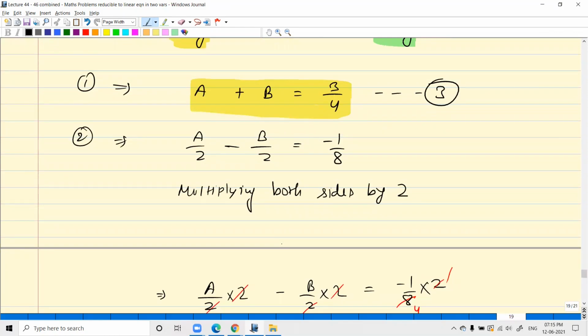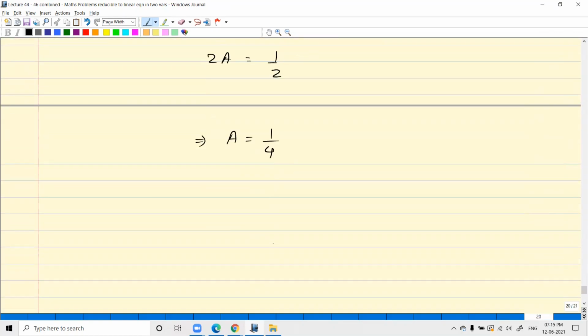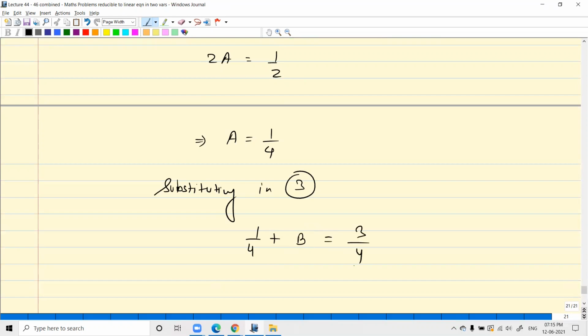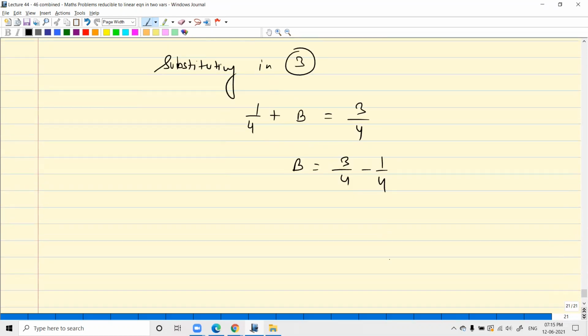So A is 1 by 4, find the value of B. A plus B is equal to 3 by 4, right? So what is B then? 3 by 4 minus 1 by 4.